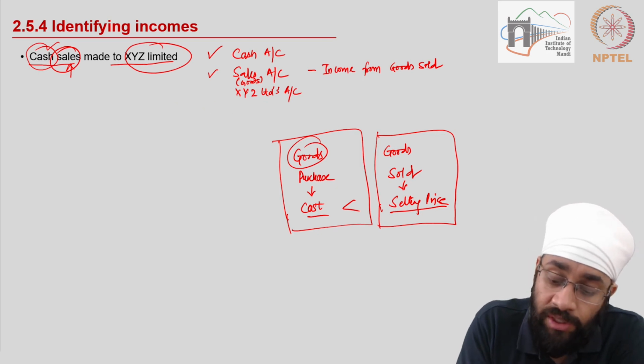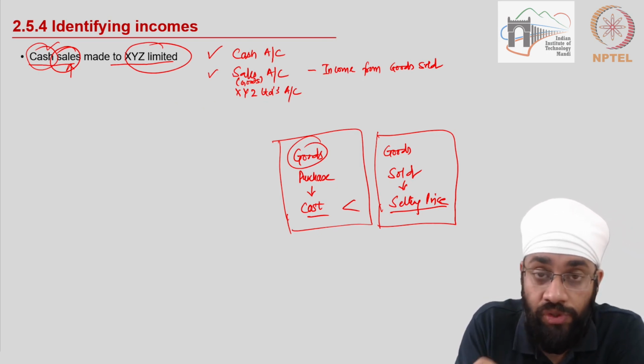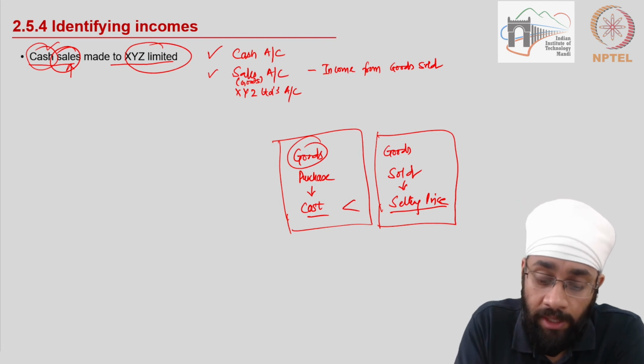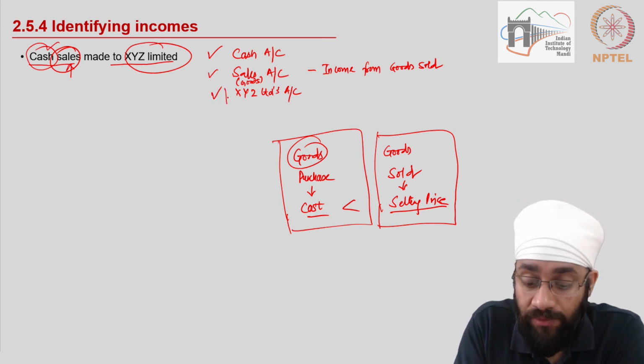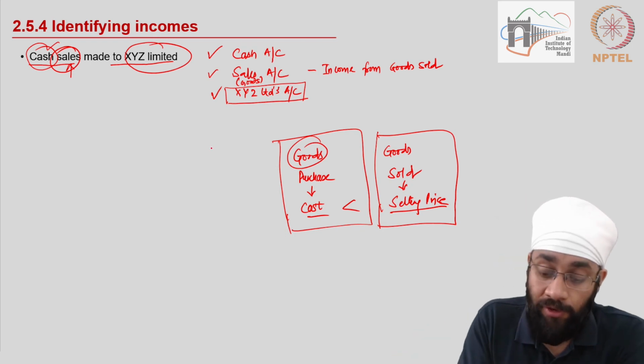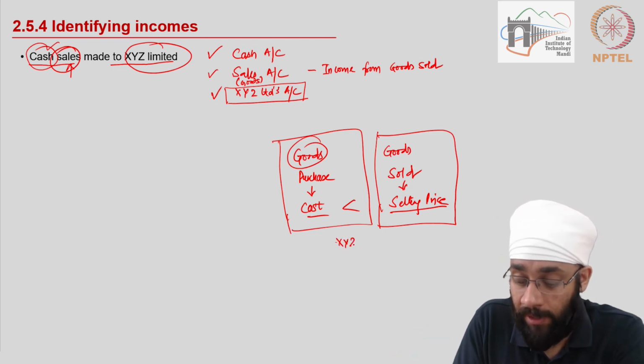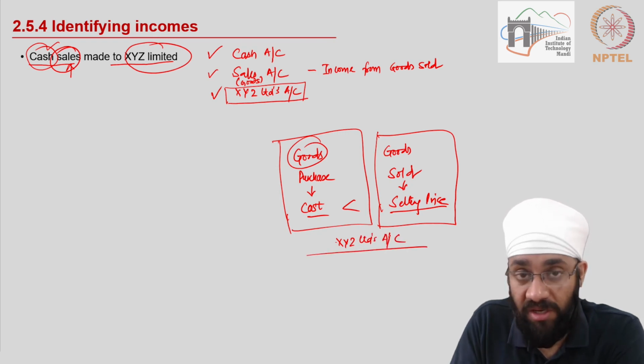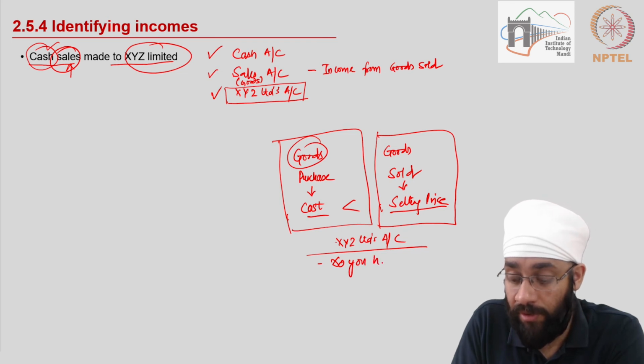So in this transaction, sale is certainly an account which you should consider recording. The last option was XYZ Limited, which is the customer to whom you have sold. Do you want to write into XYZ Limited's account? What are you going to write? He's a customer. So you would write, if you have to, do you have to recover money from him?